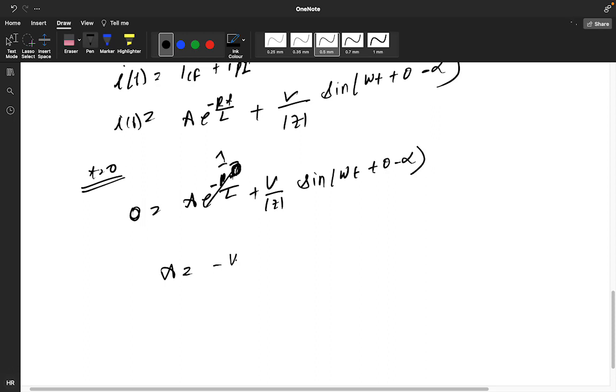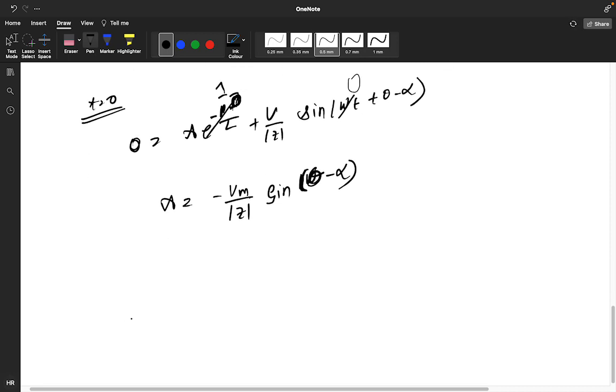So A is minus Vm by mod Z sin(omega t), and since we are substituting t equals 0, omega t also becomes 0, so you are getting sin(theta minus alpha) here, right? So this will be sin(theta minus alpha). So you got the value of A.